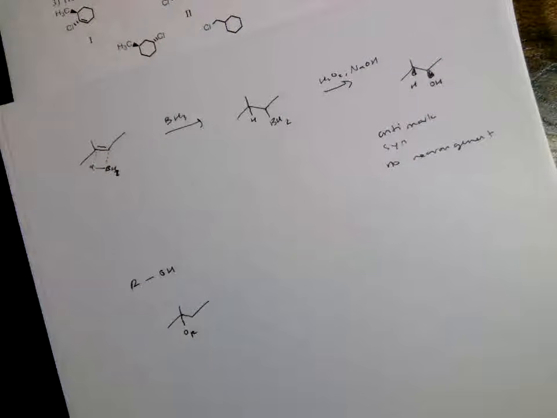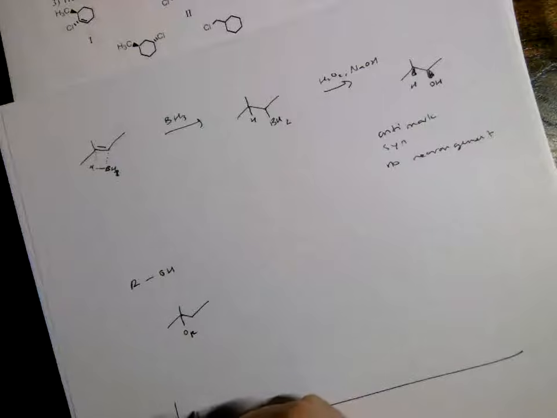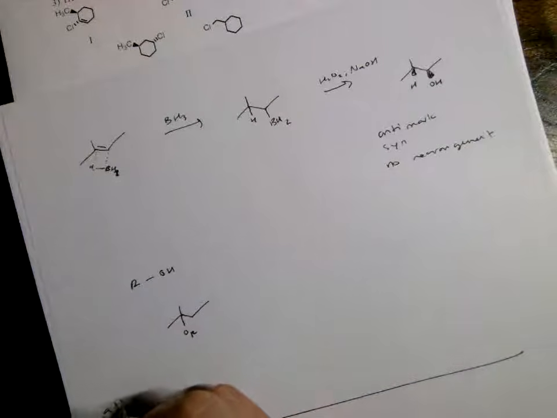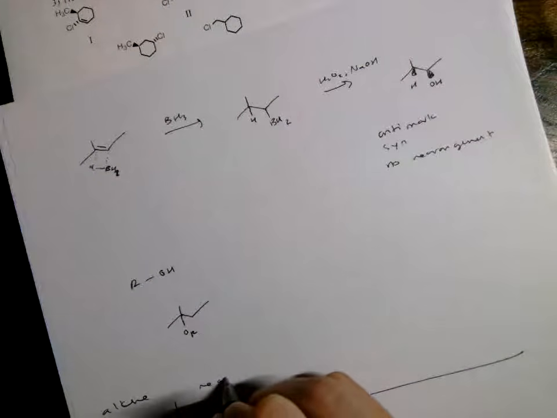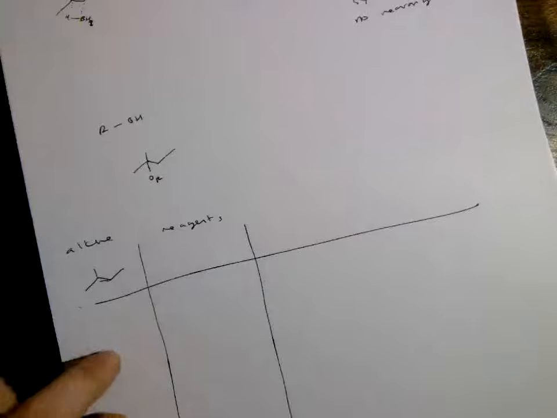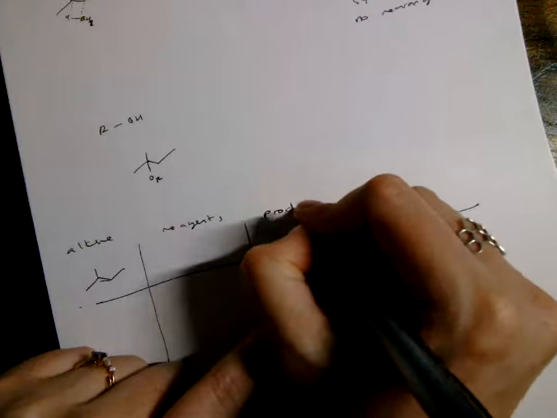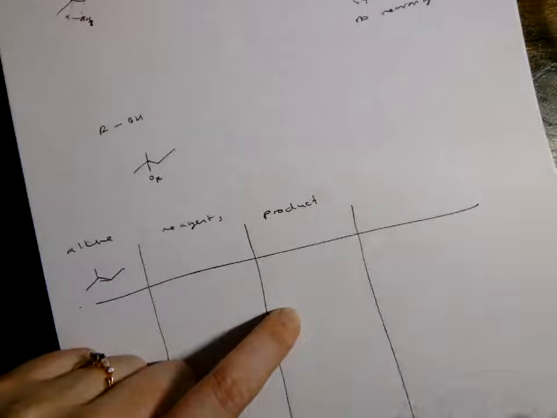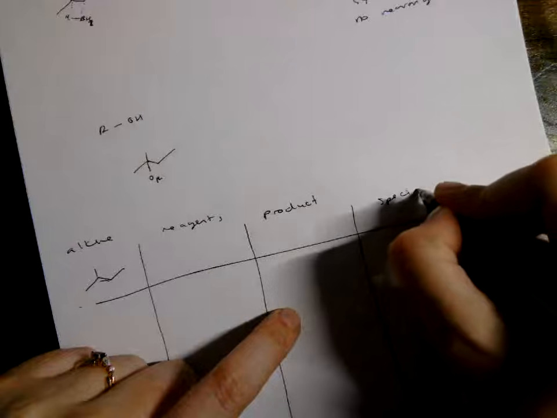There's other kind of reactions in this chapter. So if I were you, what I would do is make a chart where you have the alkene, the reagents, the product it'll form, and any special considerations.